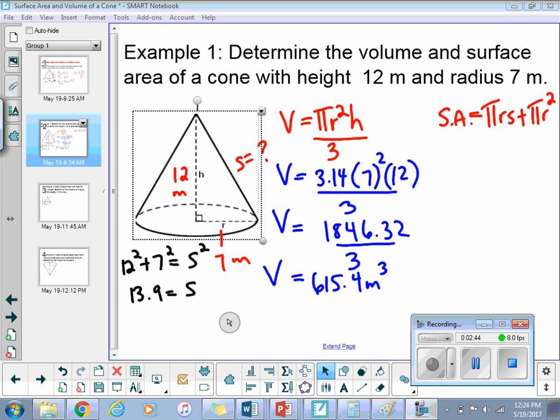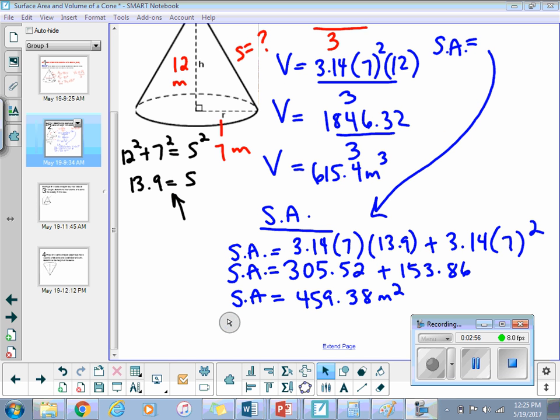So you should have used the Pythagorean theorem to figure out that s is almost 14 meters. Now you have everything you need to plug it into this equation. Plugging all the things that you have into the equation, you should end up with about 460 meters squared for your surface area.